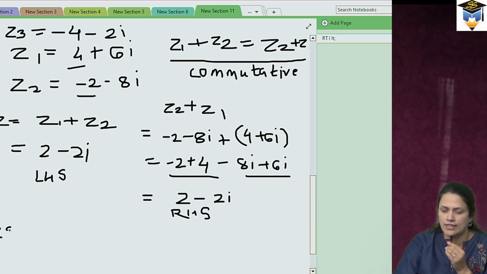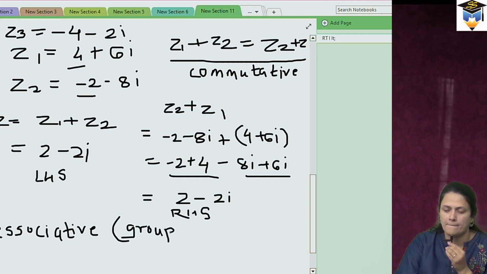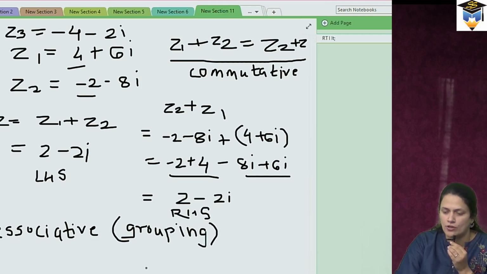It's an associative property, that means grouping in bracket you can write down. Associative, or you can call it grouping.